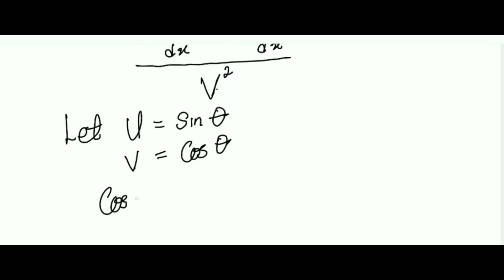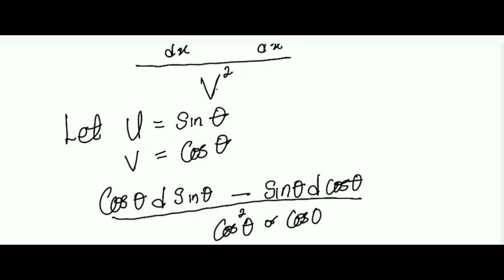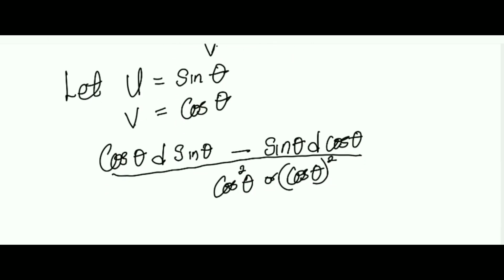I have cos theta times the derivative of sine theta, minus sine theta times the derivative of cos theta, divided by cos theta all squared. Cos theta all squared is the same thing as cos squared theta.